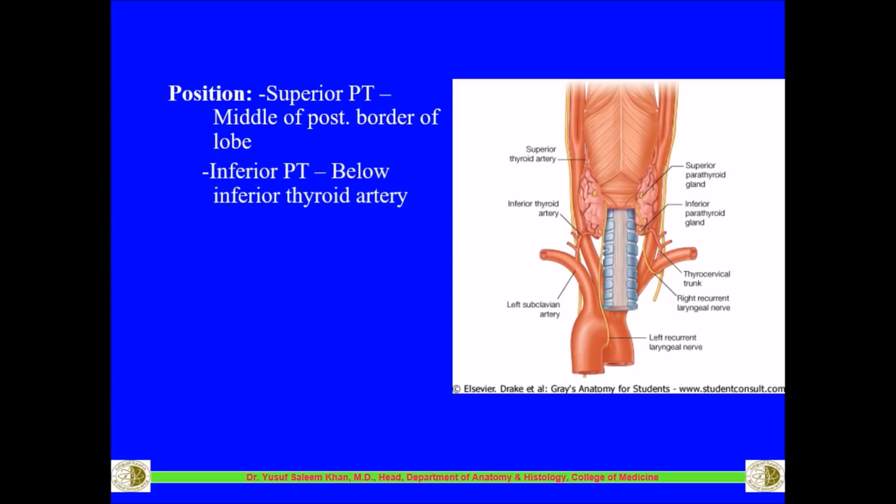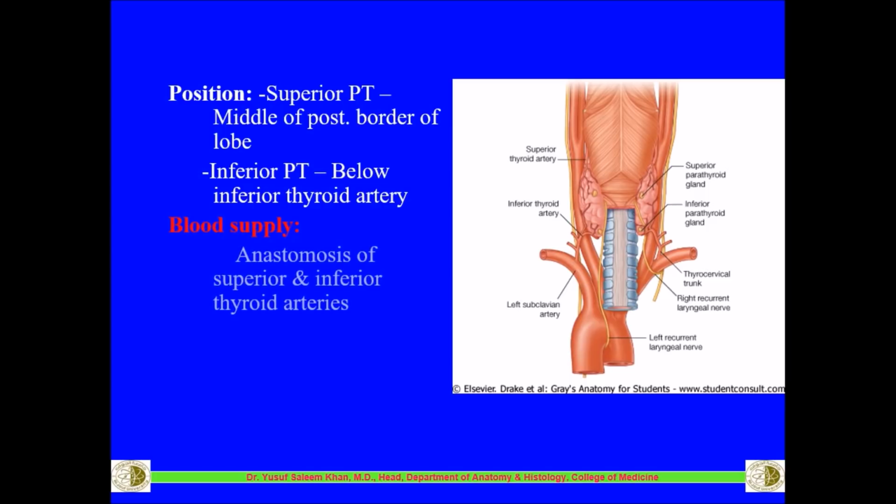But the inferior will be present in the lower part of the same posterior border, just below the inferior thyroid artery. So this is the inferior thyroid artery, and just below that or beside that would be the inferior parathyroid. So the superior will be present in the middle of the posterior border, and the inferior will be present in the lower part of the posterior border of each lobe.